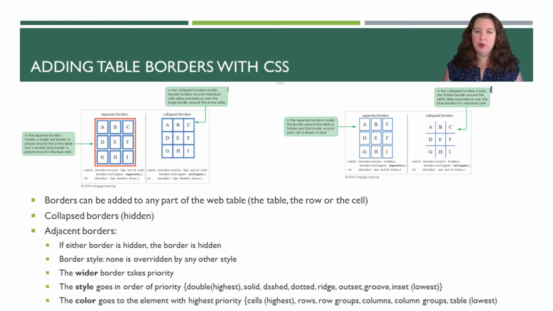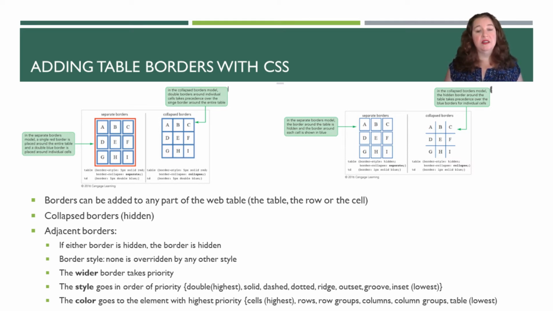Wider border takes priority. So if you have one that's say a 1-point, one that's a 4-point, the 4-point takes priority. Style goes in order of priority depending on which style you have. So if you have a double, which is the highest, down to solid, dashed, all the way down to inset, which is our lowest.